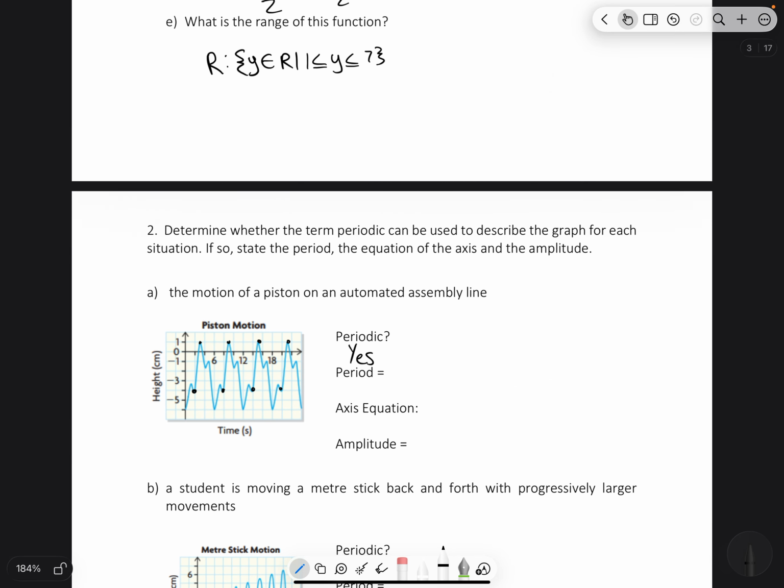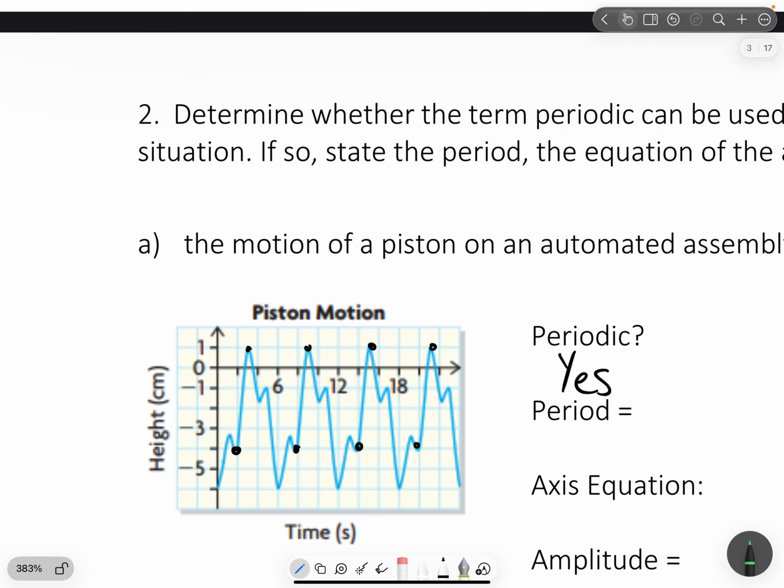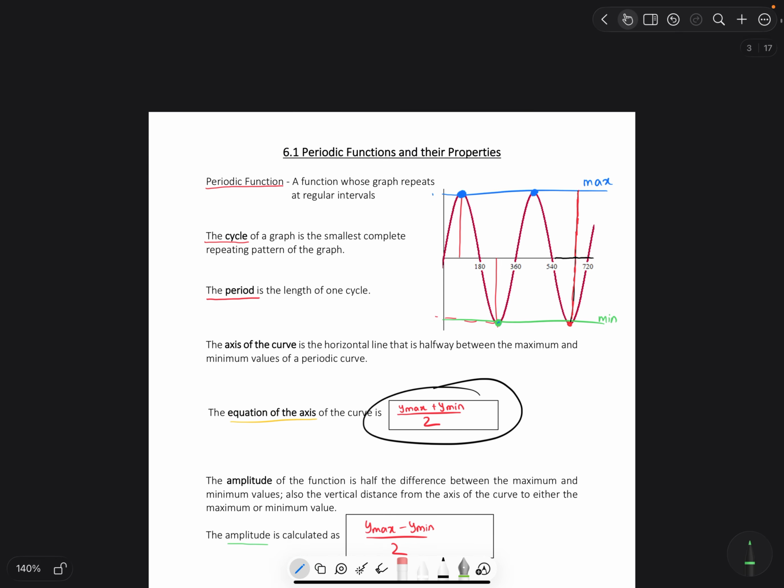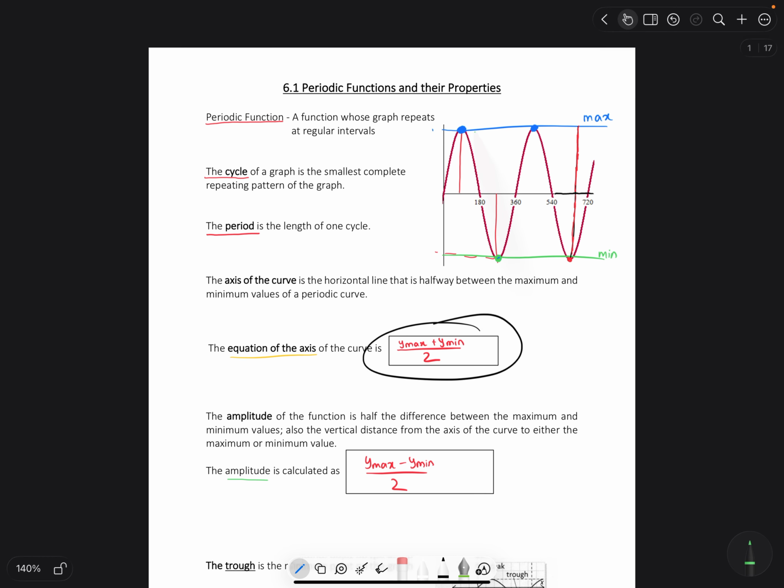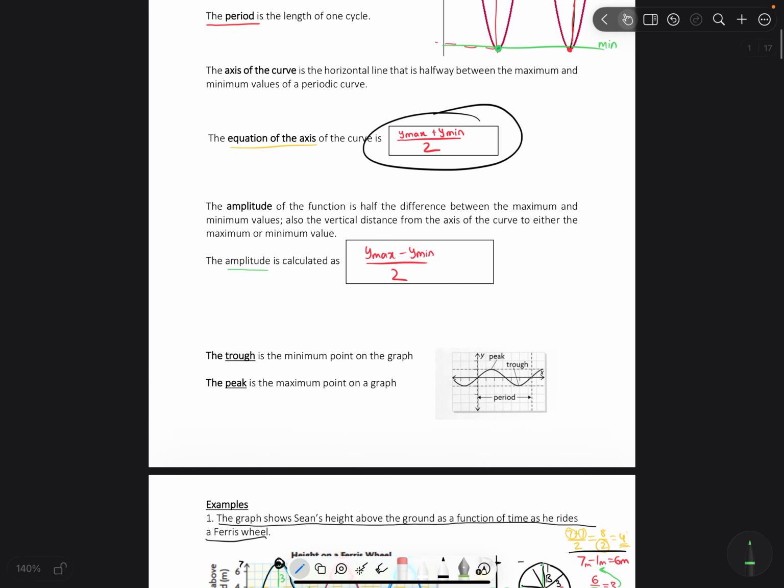Now they want us to find the period. So how I'd go about doing this question is, it's pretty simple to highlight one cycle, right? One cycle is the cycle that's being replicated over and over again in the graph.